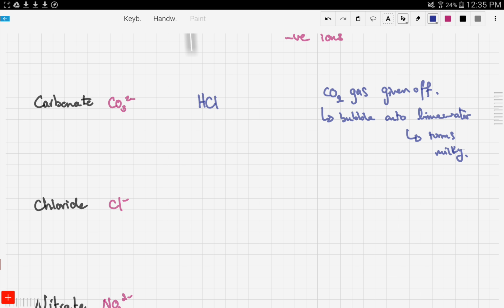Now let's talk about chloride, and chloride involves the addition of 2 different reagents. Let's reword this because it's gonna sound complicated.